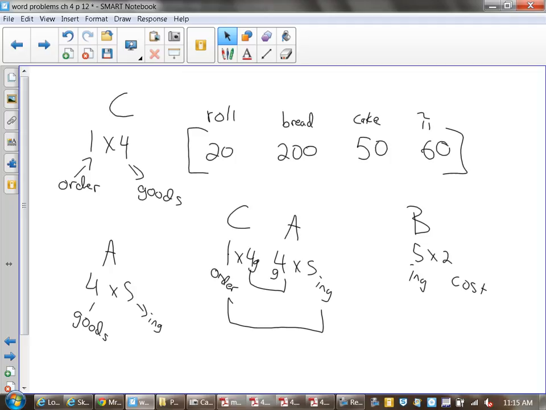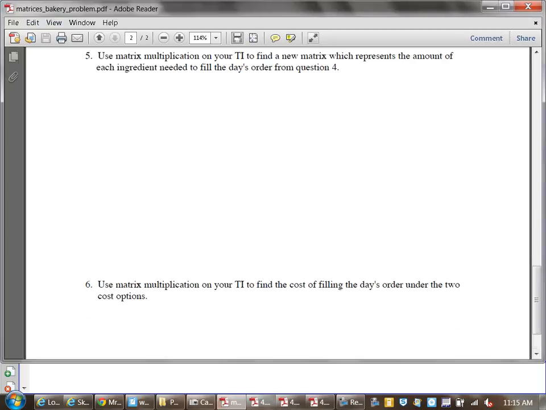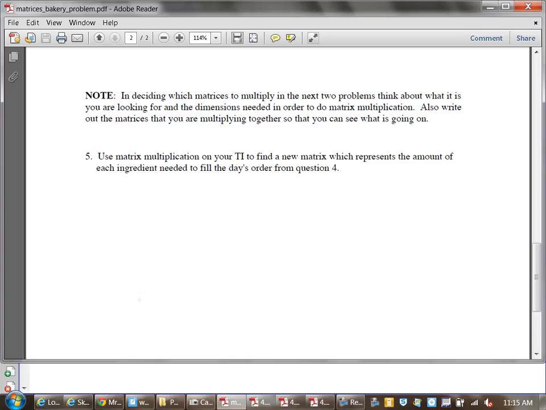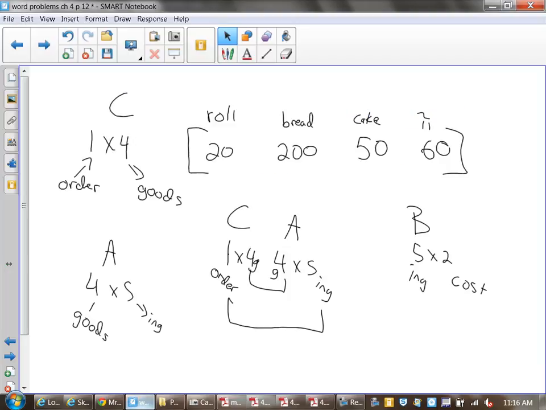Now, as you read into the question further, in number 5, it says use matrix multiplication to find the amount of each ingredient needed to fill the day's order from question 4. Now, here's what happens. If you look at the 3 different matrices, you have matrix A, which was a 4x5. It dealt with the goods and the ingredients. Matrix B was a 5x2, dealt with the ingredients and cost.